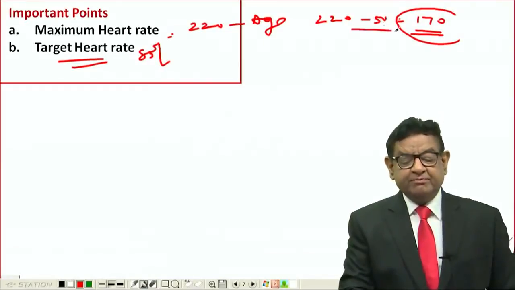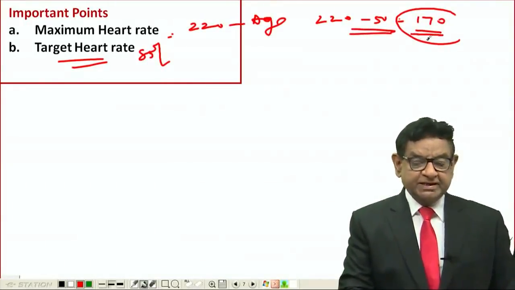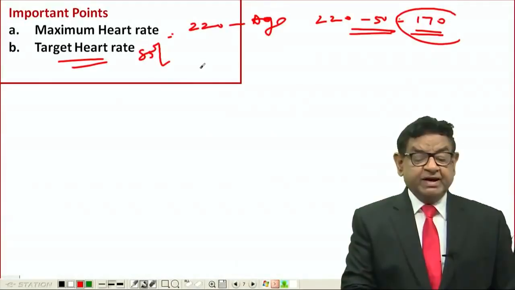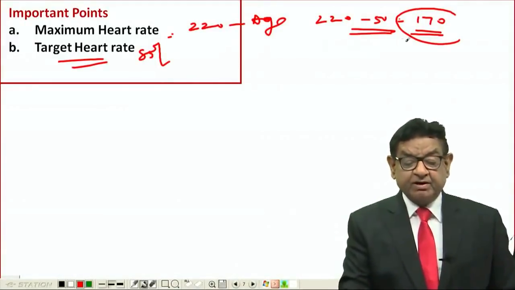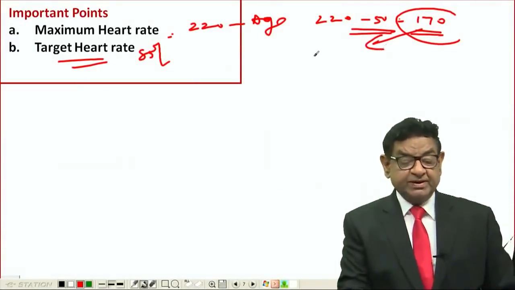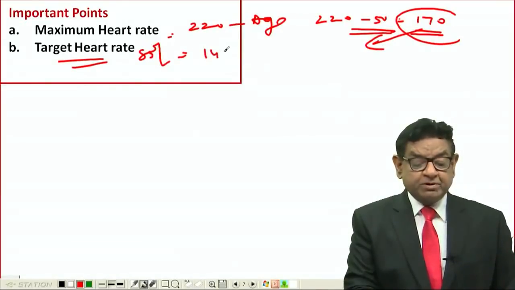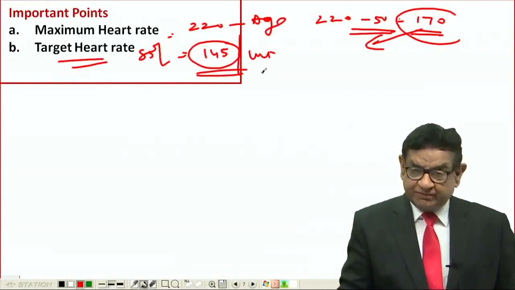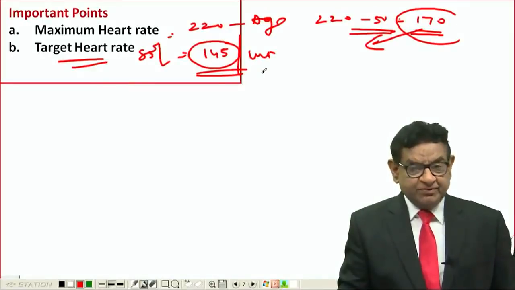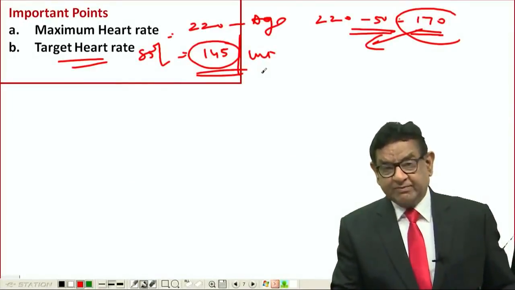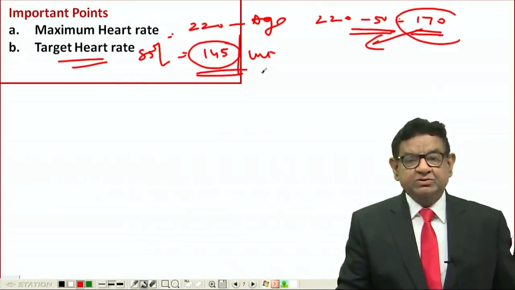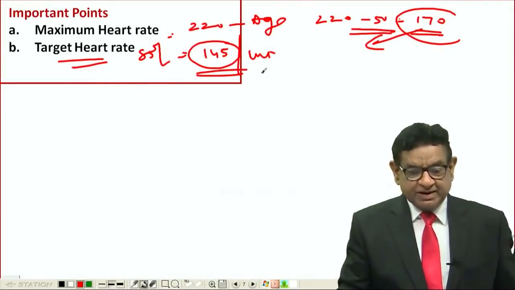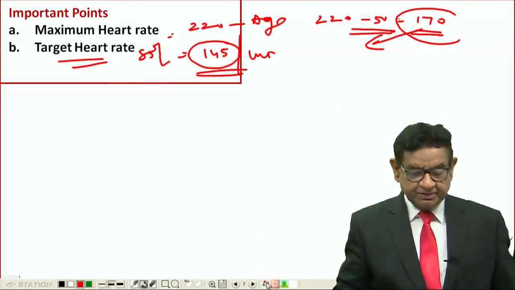For example, for a patient of 50 years whose maximum heart rate is 170, 85% of 170 comes out to approximately 145 per minute. Up to target heart rate the patient can go if he can run. During that time we may or may not get findings. So we say target heart rate is achieved, right?